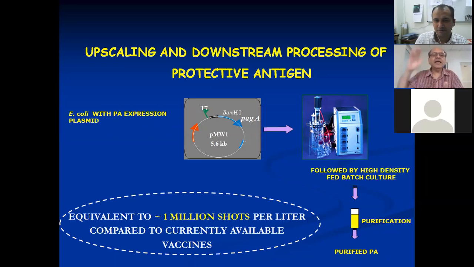If the same thing can be upscaled in the industry, they have 1,000-liter fermenters. So if we can make 1 million shots, they can make 1 billion shots, correct? Therefore, when we reached this stage, we thought, let us invite companies and ask them to compete, and anybody who gives us the best offer, we are going to give the technology to that company.